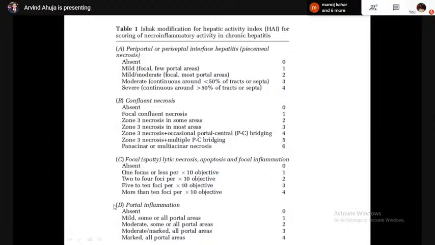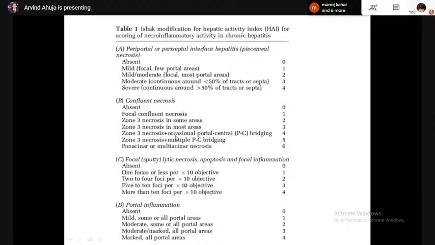Confluent necrosis has a 0 to 6 score, whereas the other three have a 0 to 4 score. The one thing I want to highlight is that for periportal inflammation, when the interface activity is less than 50% of the circumference of the portal tract, the score is 3. When the activity is severe and continuous, more than 50% around the portal tract, it is score 4.